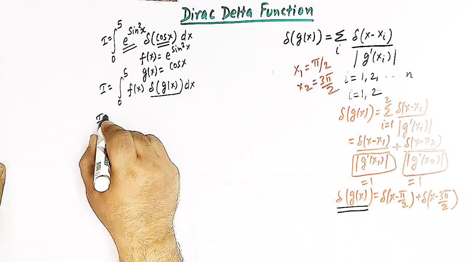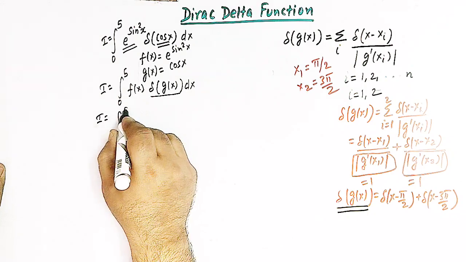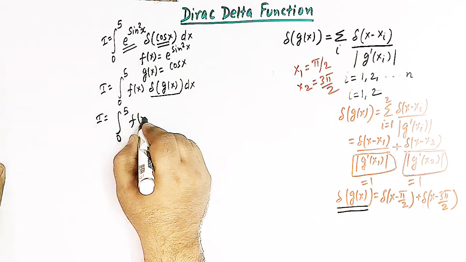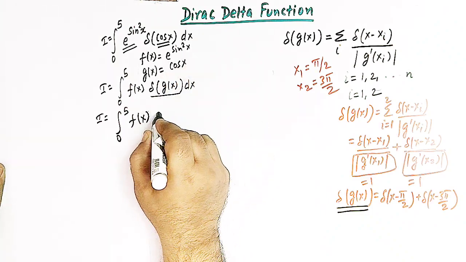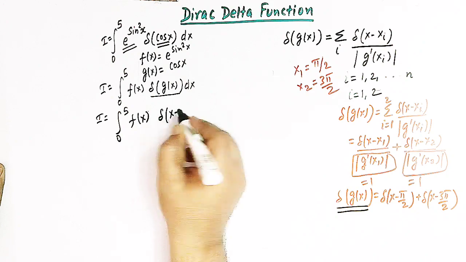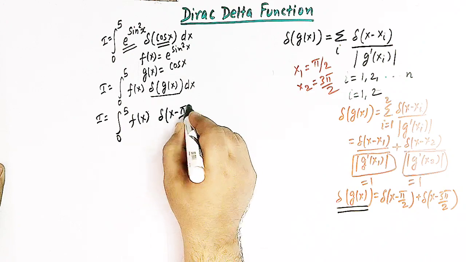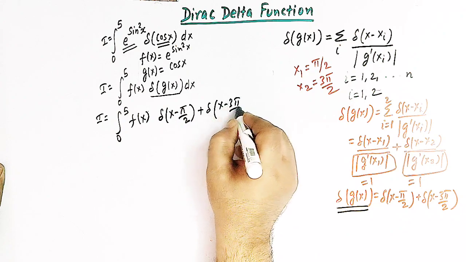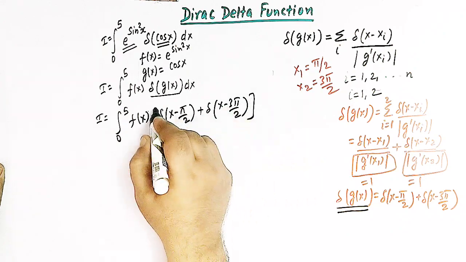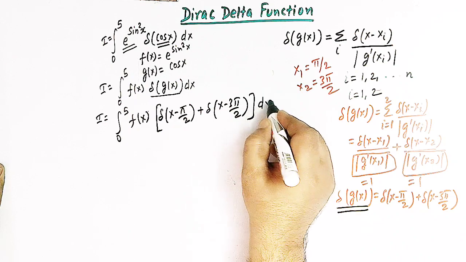So we have the integral from 0 to pi of f of x, which is e raised to sine square x, times delta of x minus pi by 2 plus delta of x minus 3 pi by 2, dx.